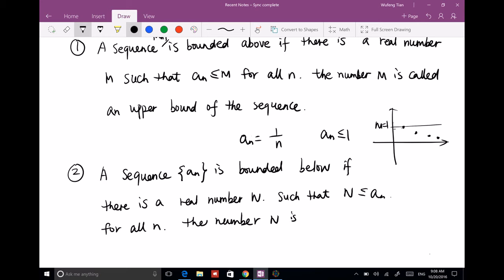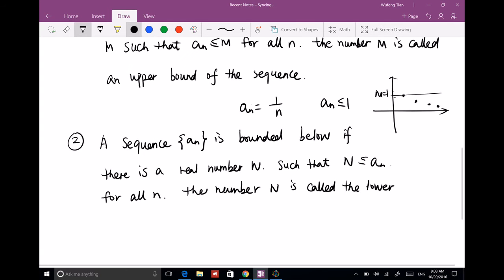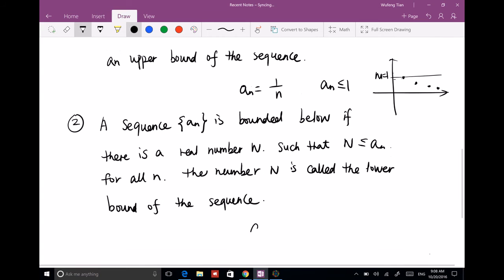So then the number N is called the lower bound of the sequence. You can look at an example, AN equals n.